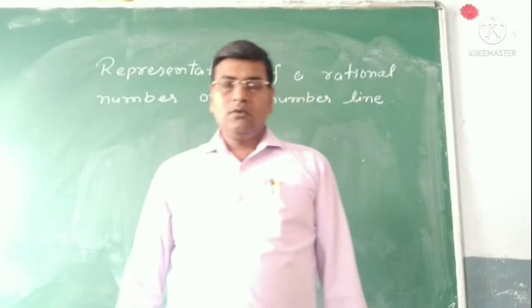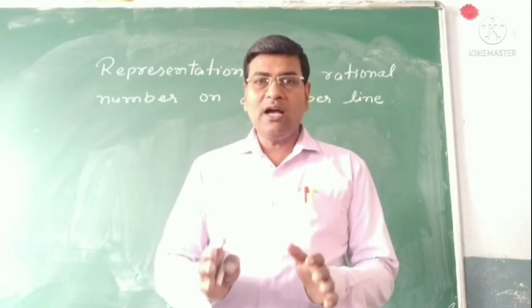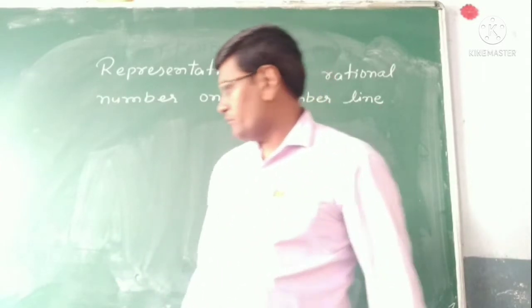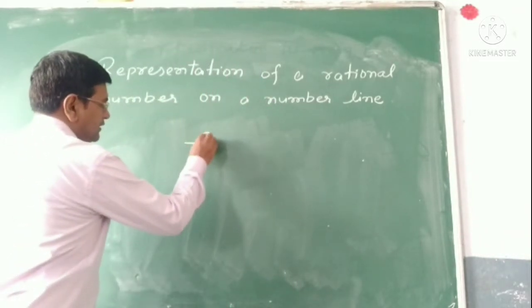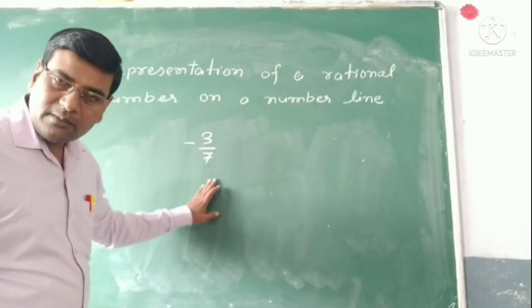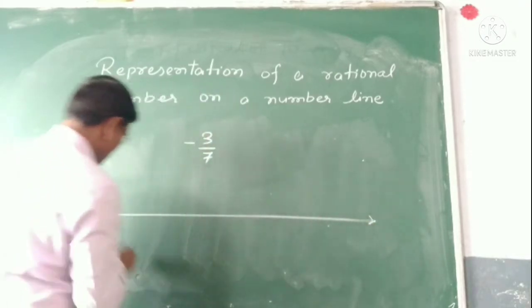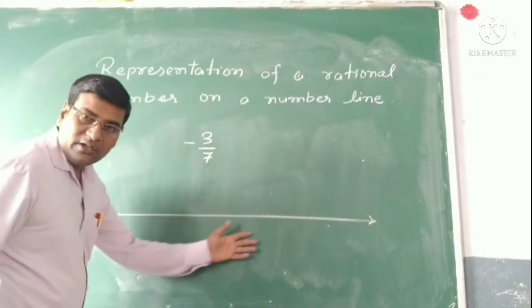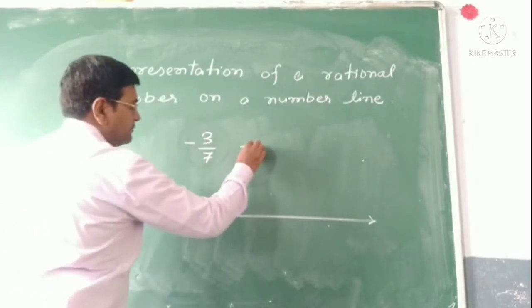Okay? Now tell me, what will you do if you have a negative rational number? Suppose minus 3 by 7. First of all, draw a number line like this. Draw a line by using a scale. This is a negative number.